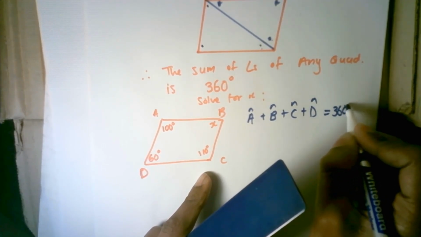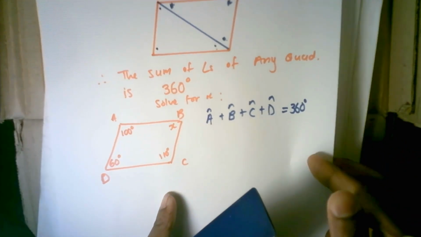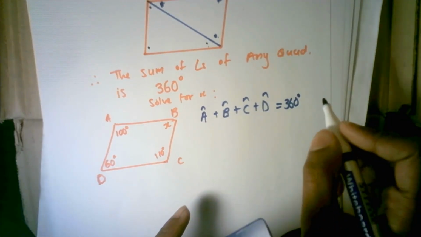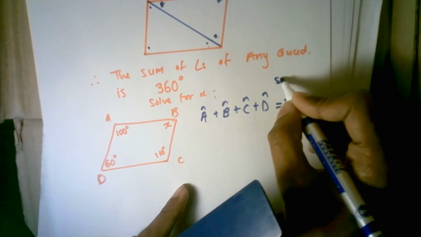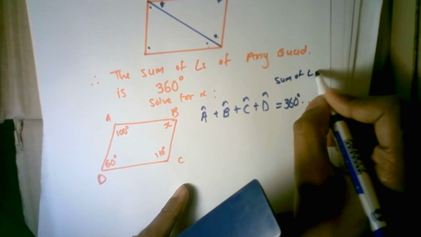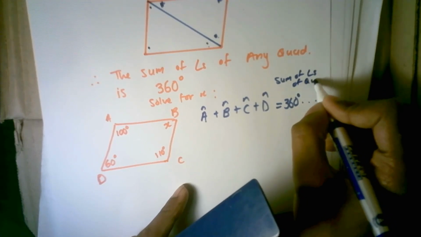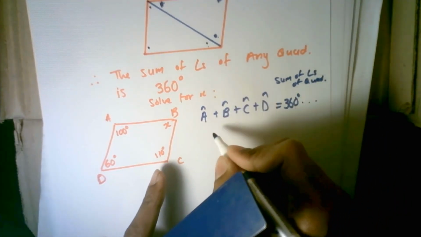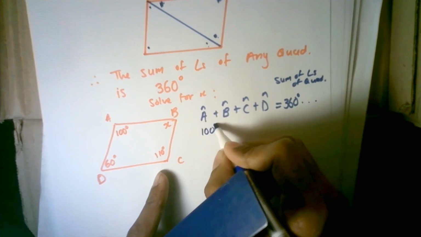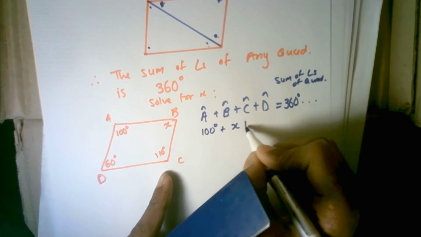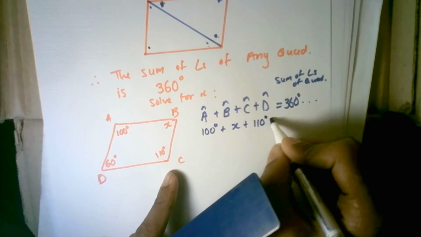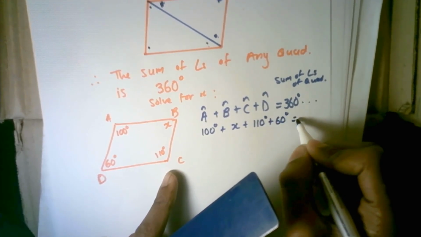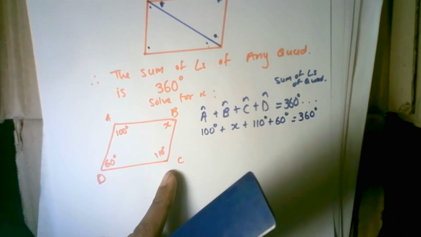And remember, in geometry, you always have to give a reason for every statement that you write. The reason is sum of angles of quad. So angle A is 100 degrees, angle B is x, angle C is 110 degrees, and angle D is 60 degrees, and that is all equal to 360 degrees.